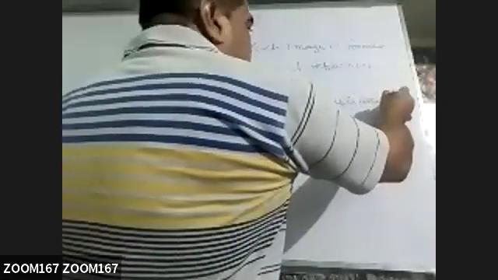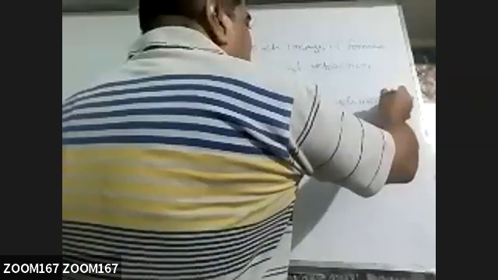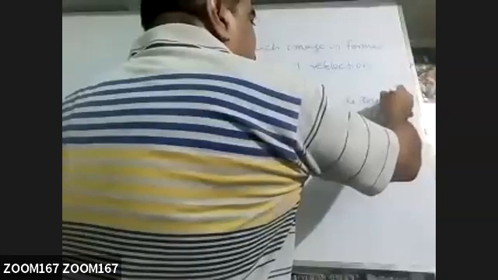This we call a right angle isosceles prism. Generally this one is used: 90, 45, 45.